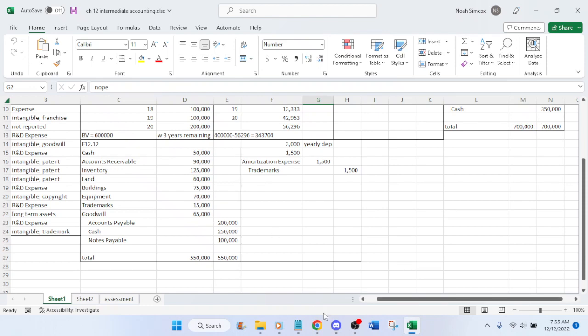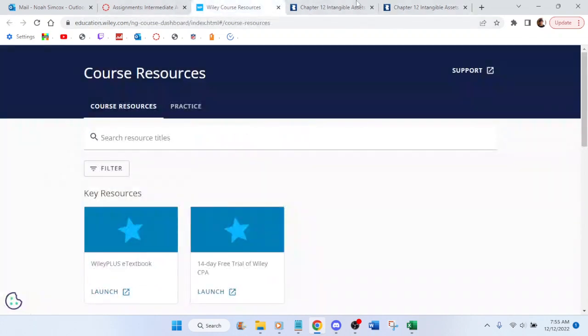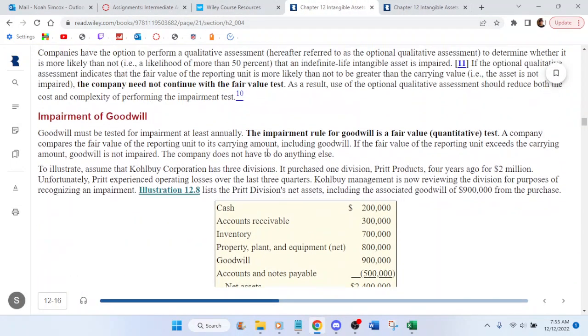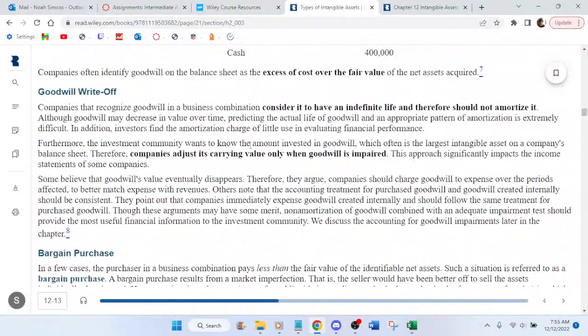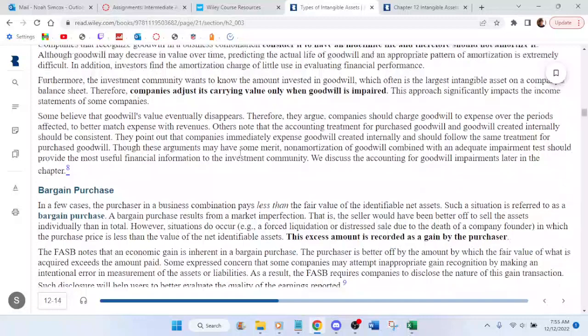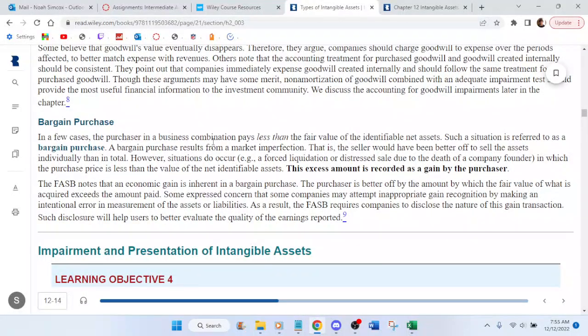Maybe I should look that up. I want to see how you do it if it's a bargain purchase. I hate this. They don't even say how to list it. Gain on something or other.